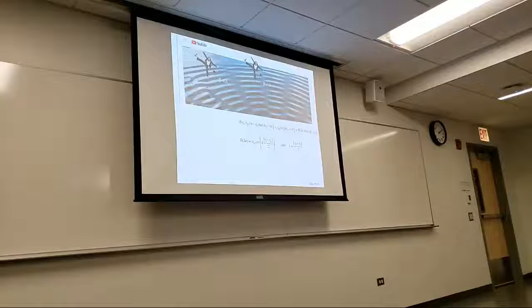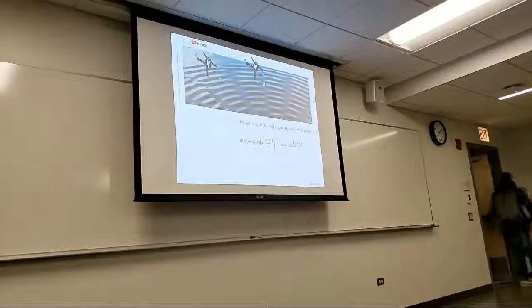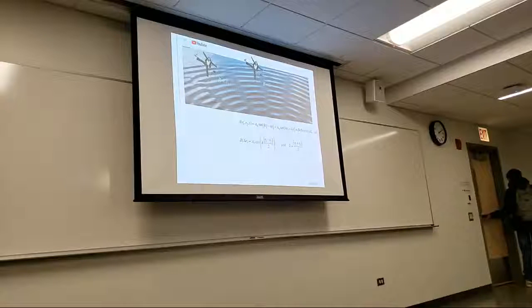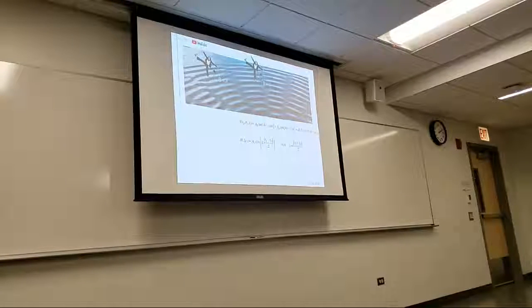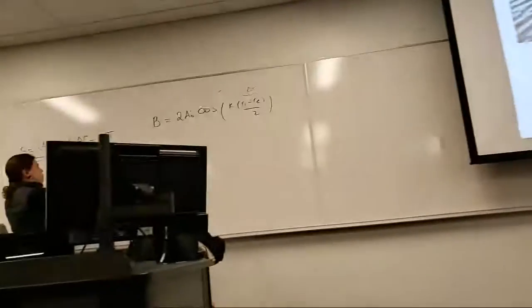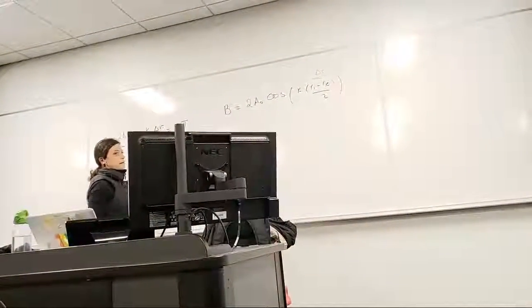Sorry, that's not a multiple of pi. B is equal to 2A maximum when this cosine is plus or minus 1. Plus or minus 1 is when the cosine argument, which is k delta r over 2, is a multiple of pi.